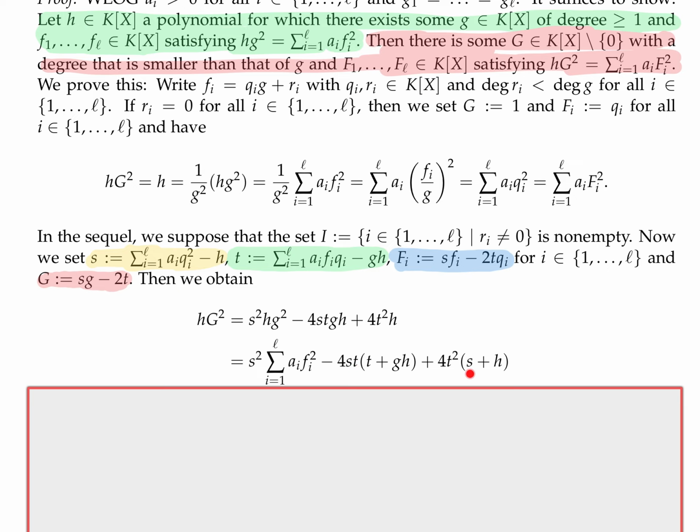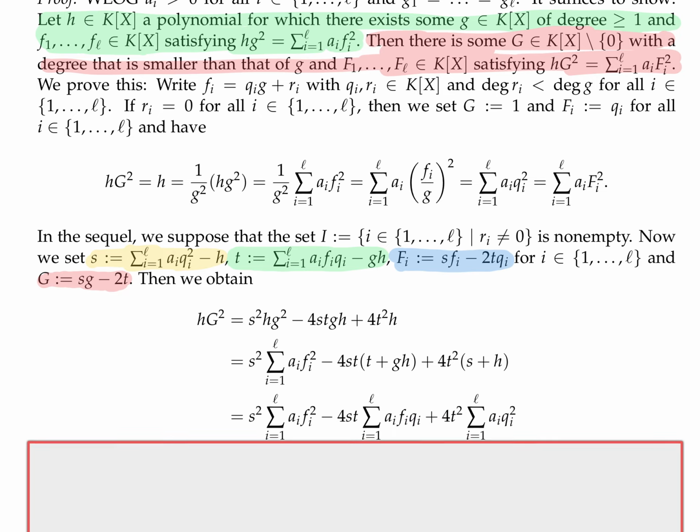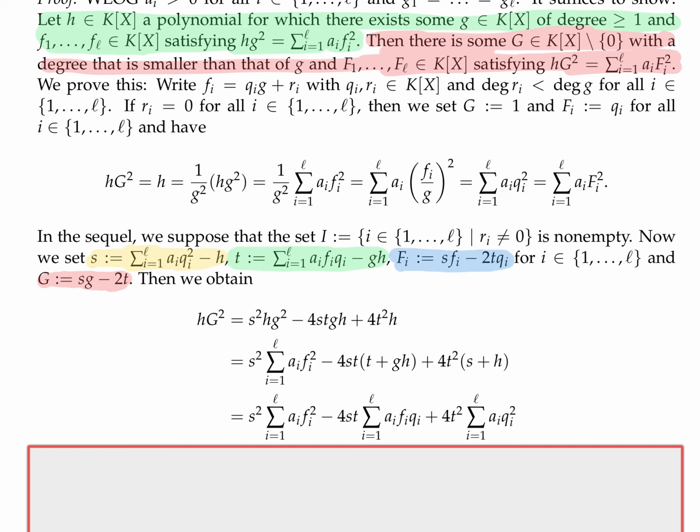I do this by putting artificially here an s, right? And otherwise this is the 4t squared h is here. Okay, so now I leave the first sum here unchanged. And for the second sum, you know what is t plus gh? T plus gh is exactly this thing here, right? Okay, so I write that here.